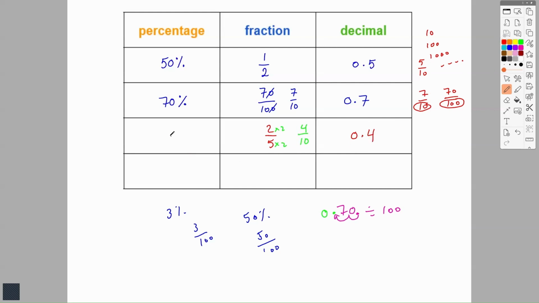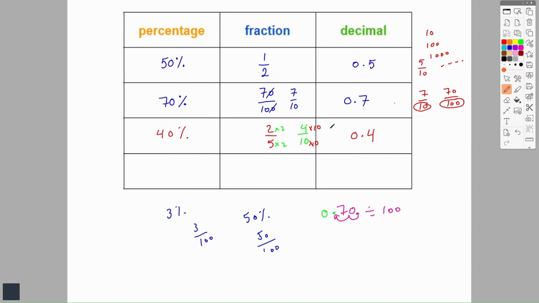Now let's try to write the percentage. A percentage is a number divided by 100. Let's make this 10 into 100. So we multiply by 10 here and multiply by 10 here. We get 40 divided by 100, which is 40%.